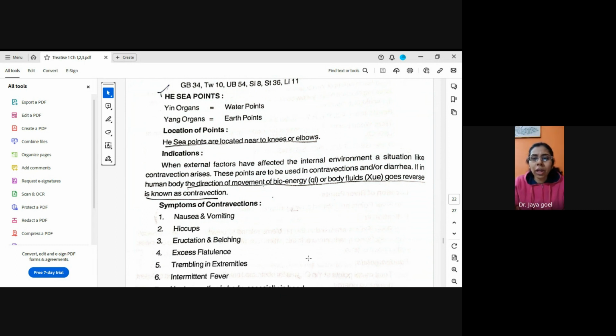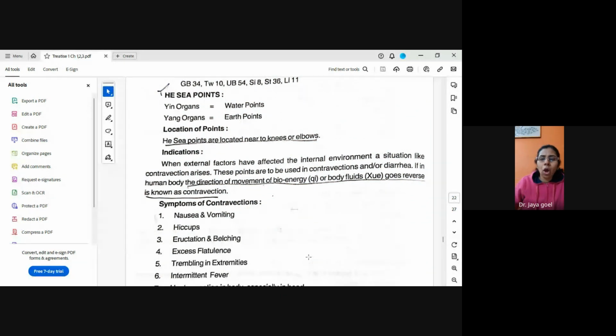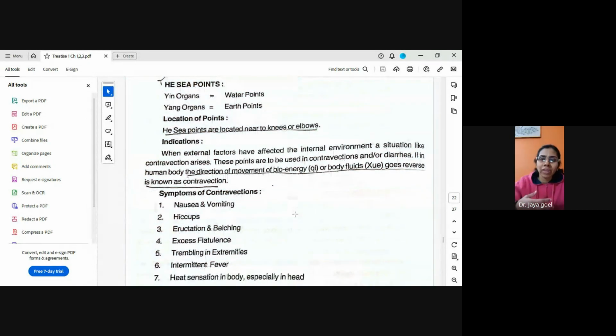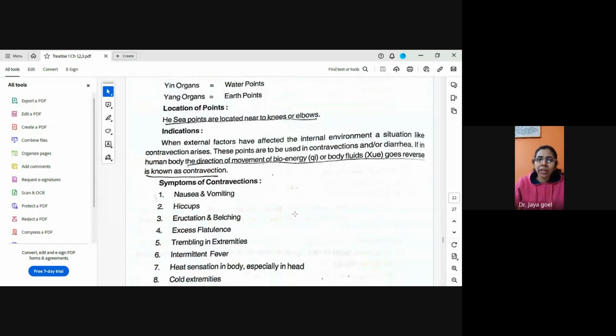The external factors mean the outside factors are affecting our internal environment, like temperature or an infection is affecting us.